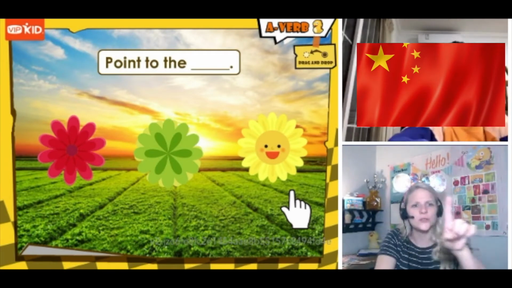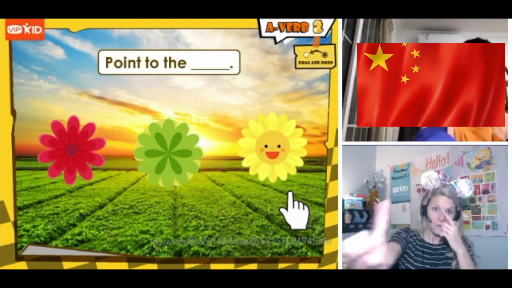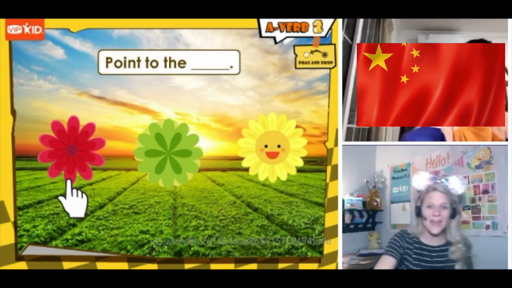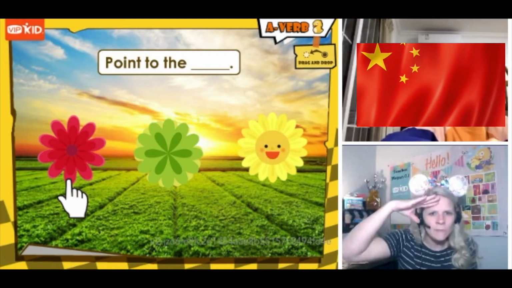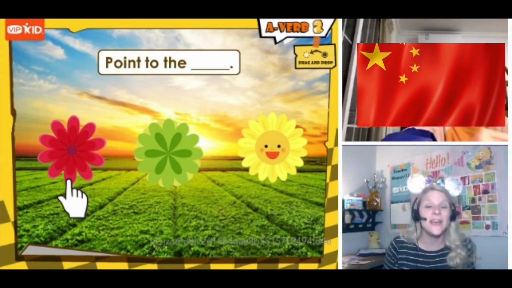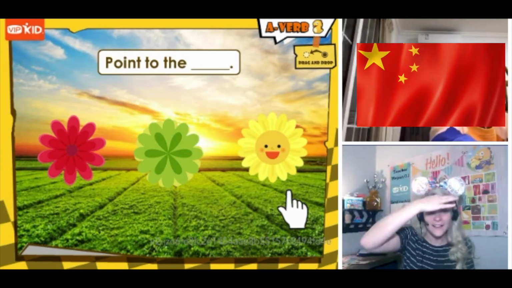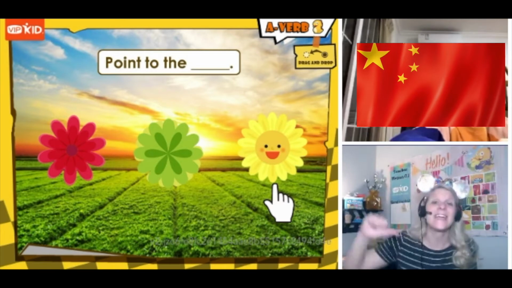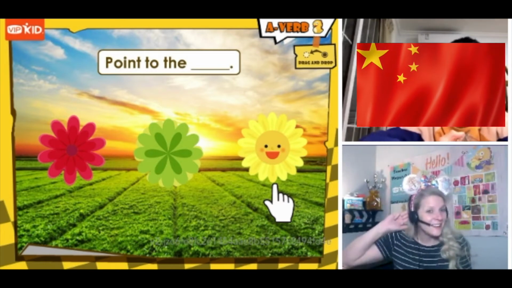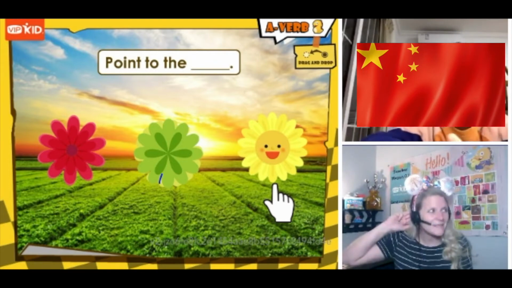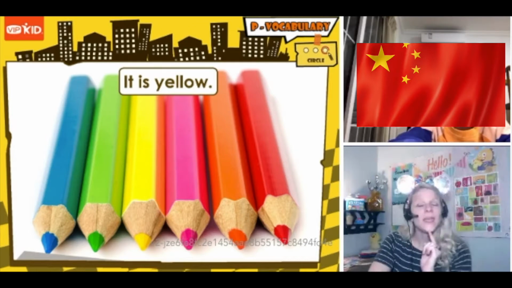Point to the red flower. Point to the red flower. Good. Point to the yellow flower. Yes. Say, I can point. I can point. Good. Circle.